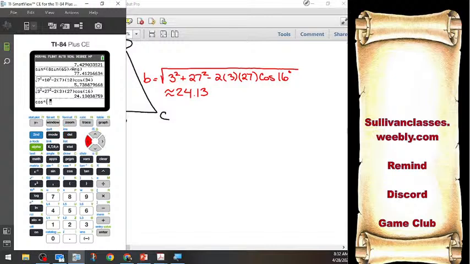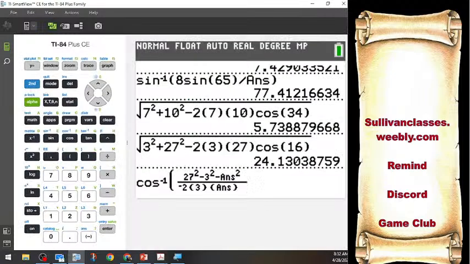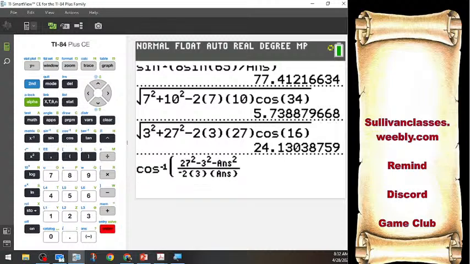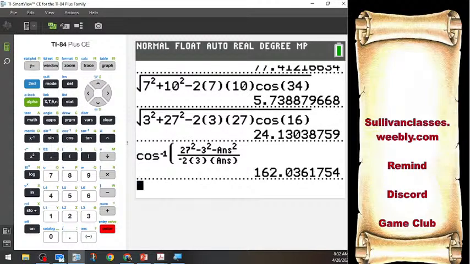27 squared minus 3 squared minus answer squared. I like that answer button. Over negative 2 by 3 by answer. Okay, so it's plugging that 24 and change in for me. 162-ish.